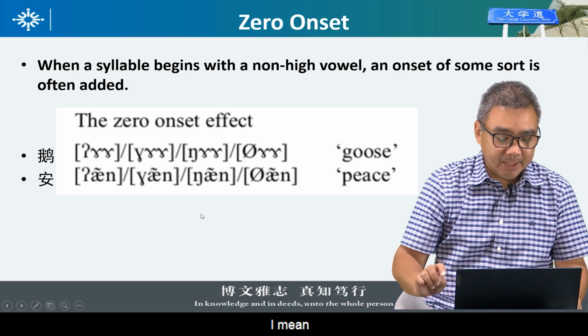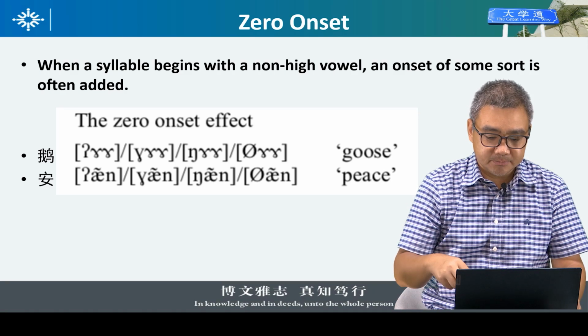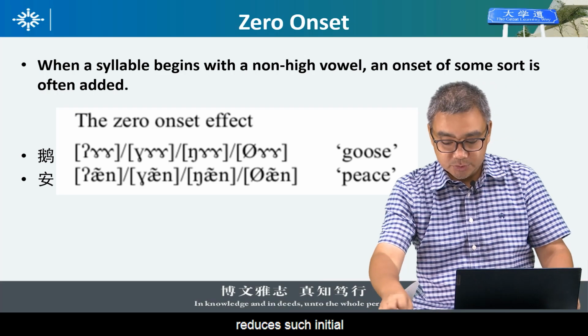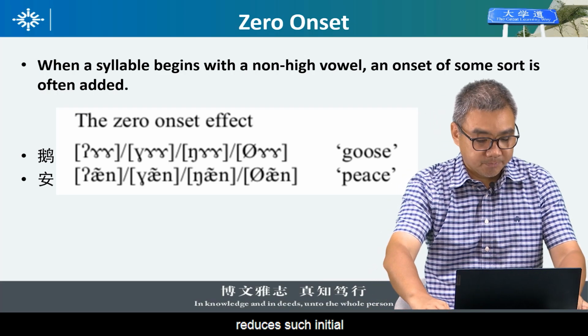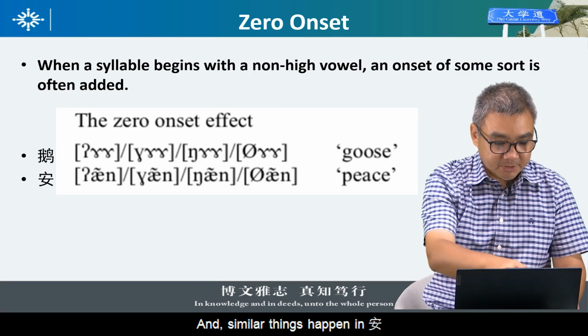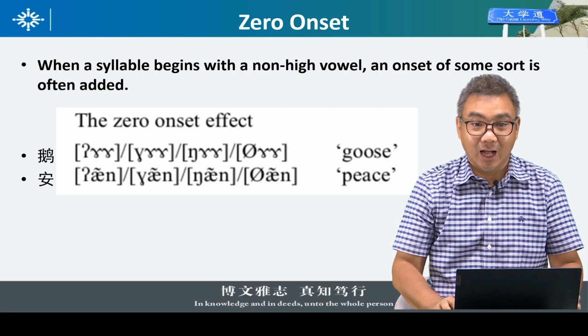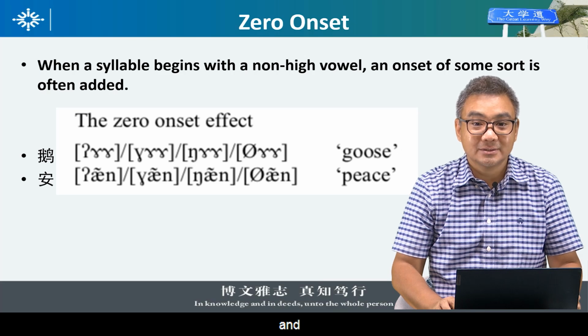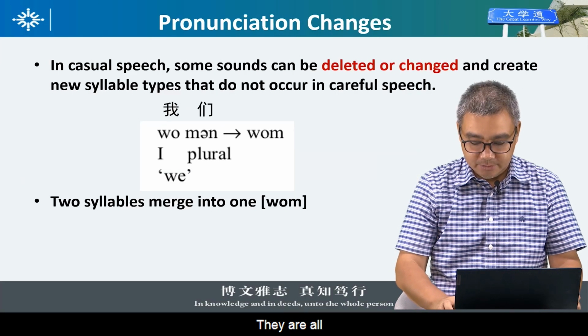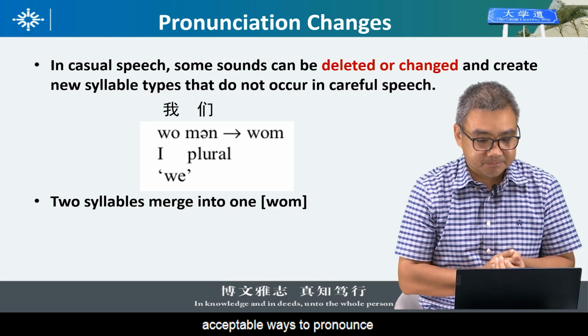I mean, it is the standard Chinese 普通话 that reduced such initials in the process of historical evolution. And similar things happen with an, ngan. They are all acceptable ways to pronounce.